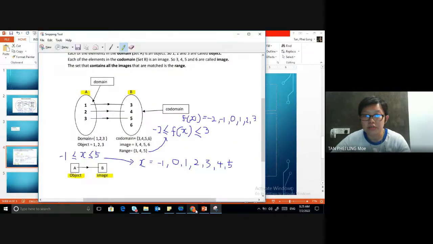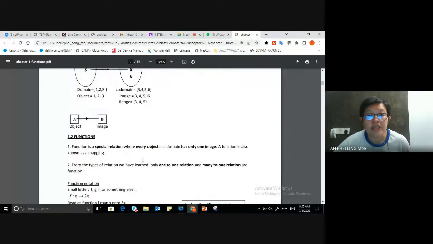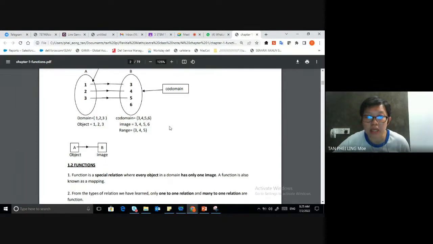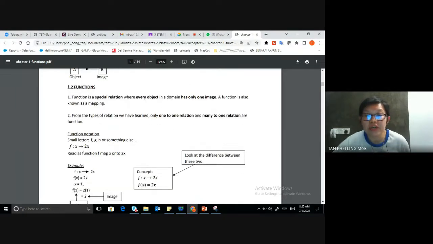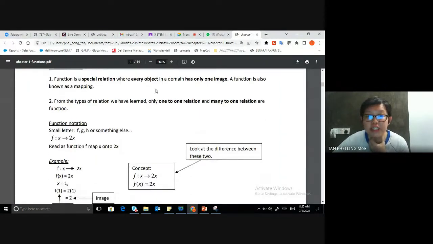Now let us go on to function. These generally apply to all relations. For all relations, whenever you have a domain, there is always a codomain. But now we move further and focus only on function. So what is a function? A function is a special relation where every object has only one image.